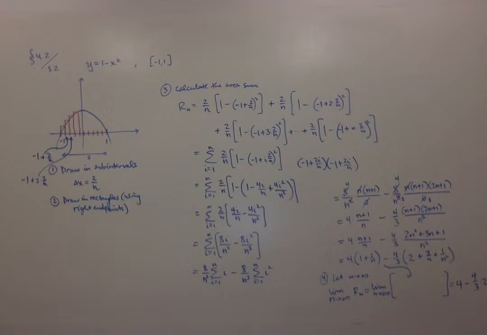So I've got 4 minus 8/3. 4 is 12/3, so this is just 4/3. That is my area, 4/3. Got it?